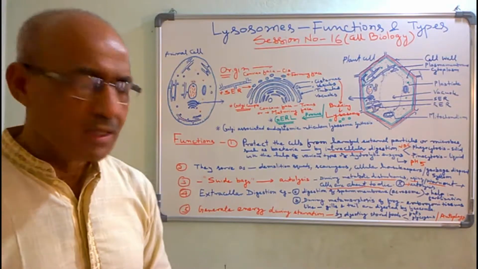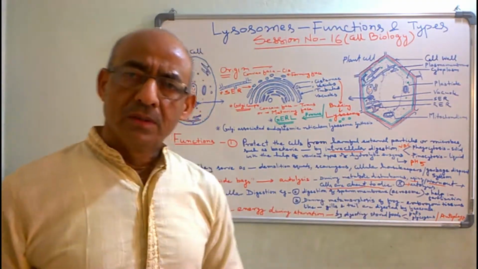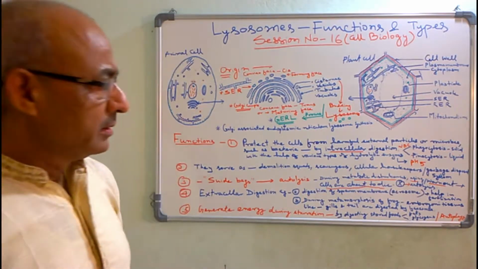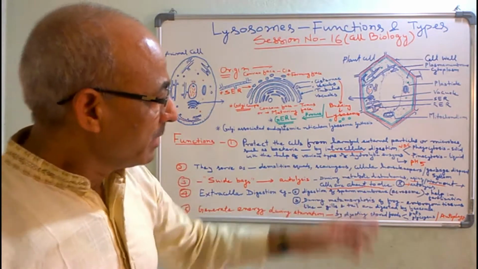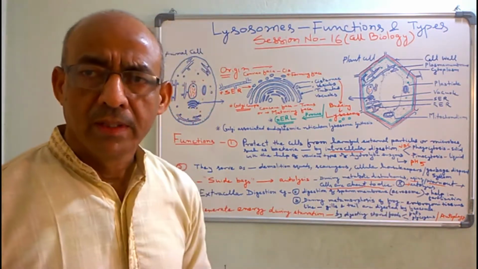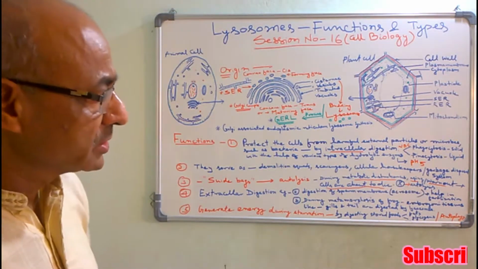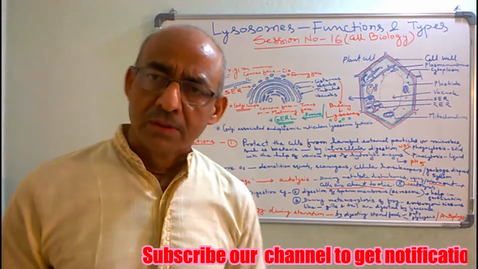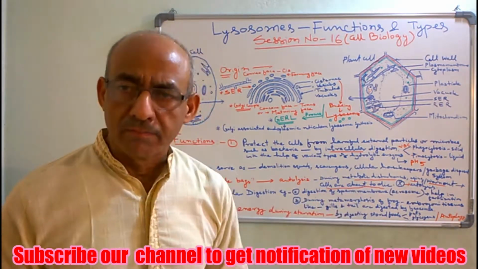There are certain examples here. They digest the sperm membrane, that is the acrosome, and they help in fertilization. They facilitate fertilization by dissolving the sperm membrane.